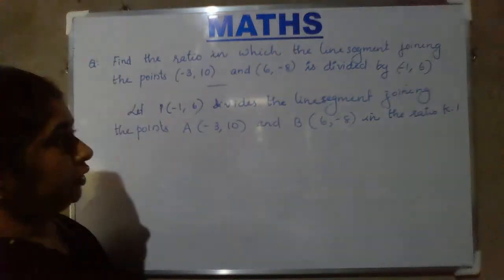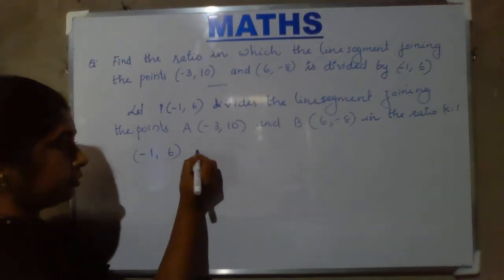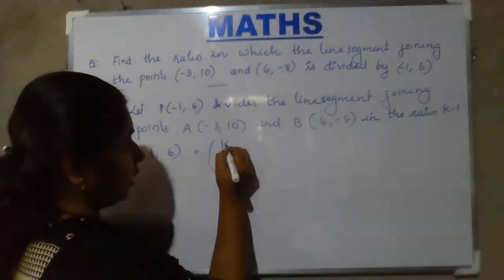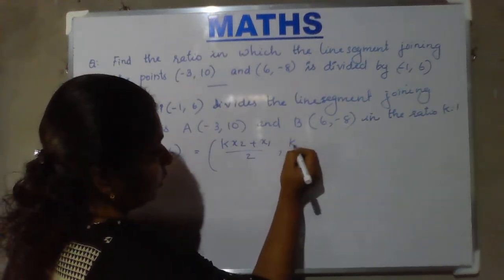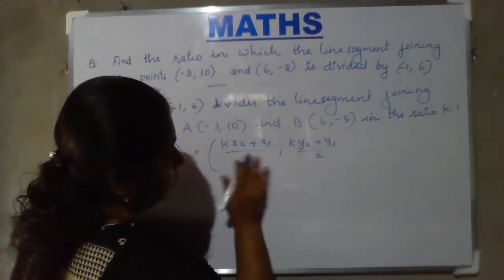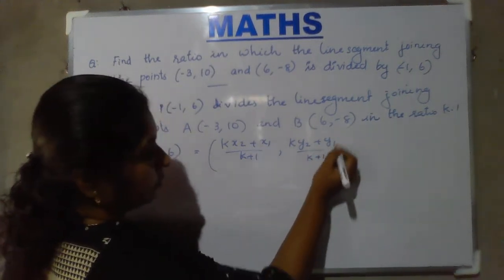Now we can write the ordered pair (-1, 6) is the ordered pair ((kx2 + x1) by (k + 1), (ky2 + y1) by (k + 1)).